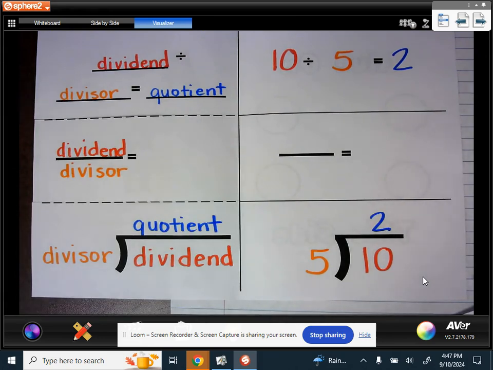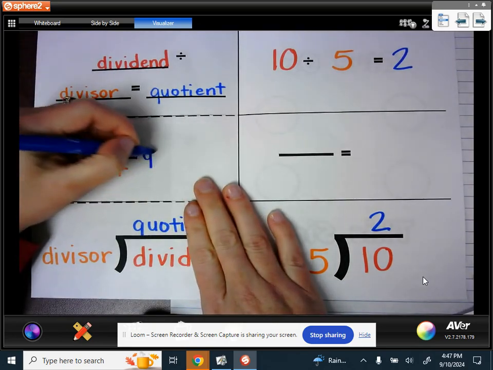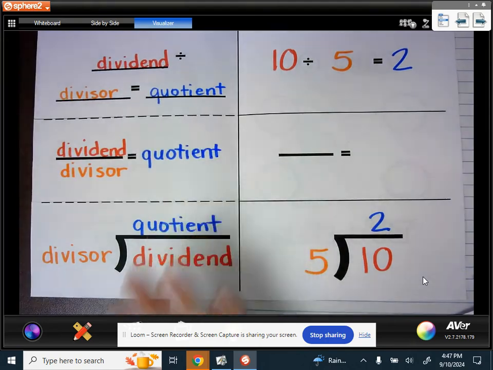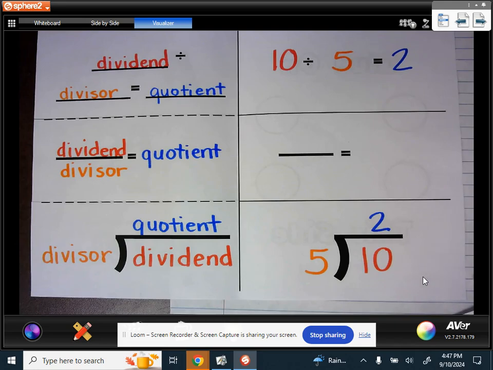And then that equals our answer, which in a division problem, we call the quotient. Dividend divided by divisor equals quotient.